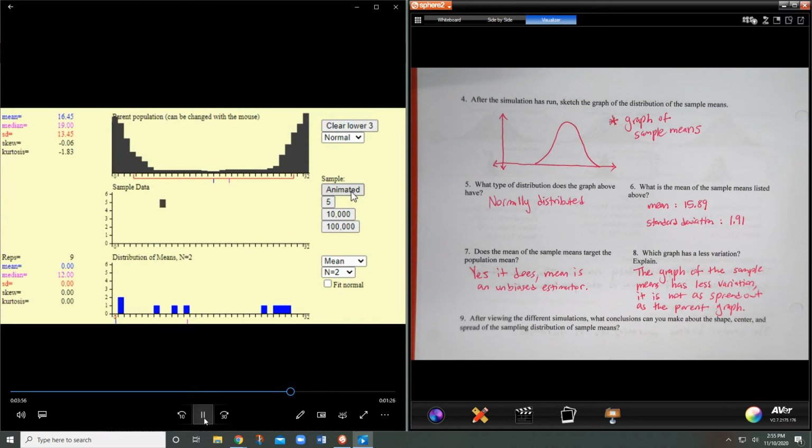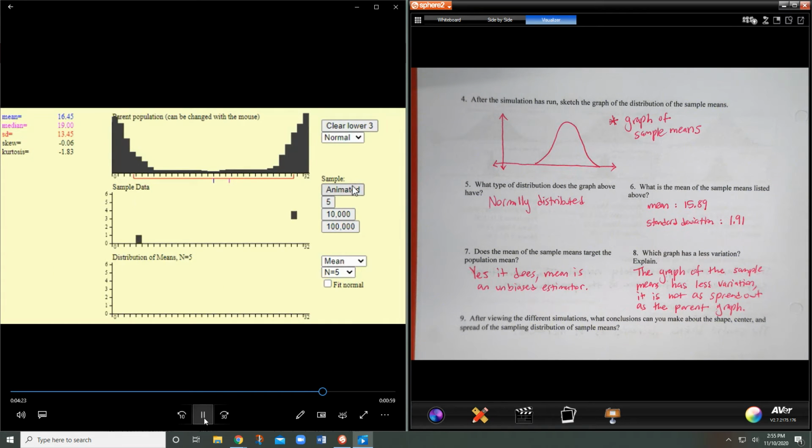However, as we do lots and lots of samples, we are going to see that we don't necessarily get only items on either end. As we take lots of samples, we seem to get this W shape.